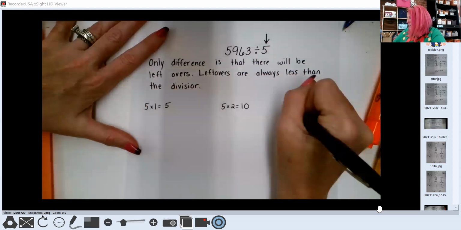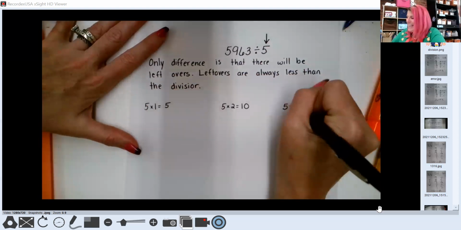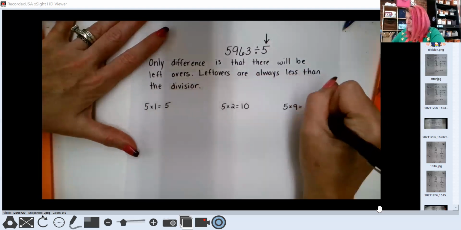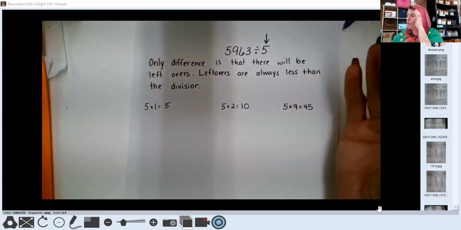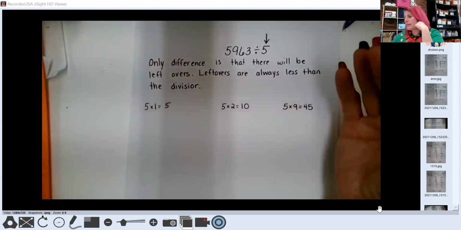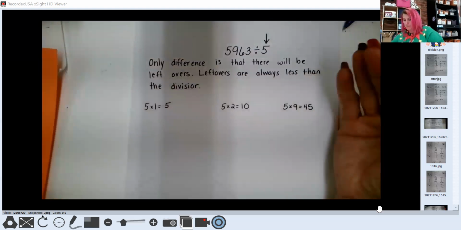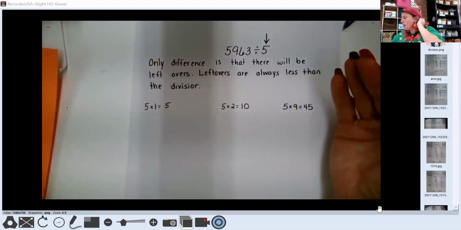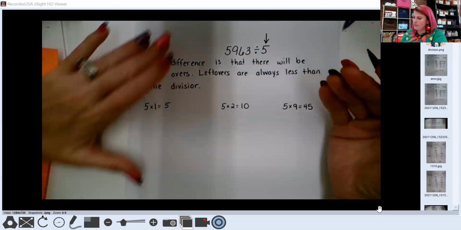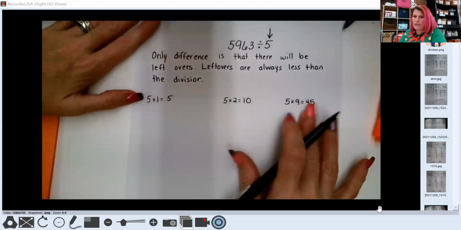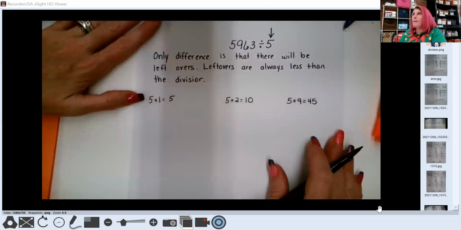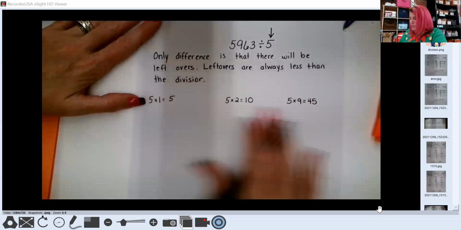And remember, you can use any facts that you know off the top of your head. You want to use the ones you know quickly so that you're not expending your energy trying to figure out a multiplication fact that you don't know. You want to use your brain power for the other parts of it. So now I have my friendly facts. I've got 3 of them, and that's what I stick with. And I'm going to go with my multiples now.